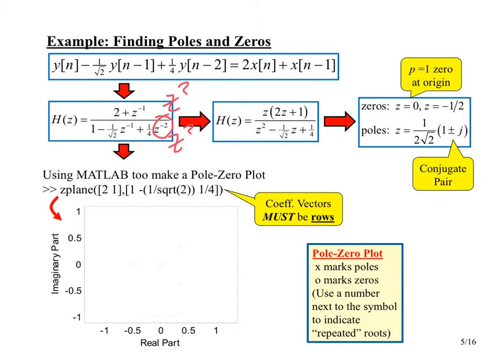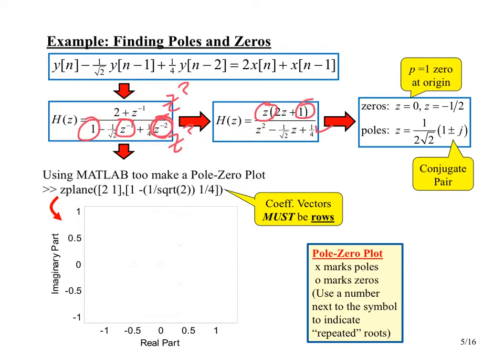When we multiply the z squared through on the denominator, we end up with a z squared, a z term, and a z to the 0. Up in the numerator, we end up with 2z squared plus z. And then we can factor out the z in front so that we end up with something that goes all the way down to a constant.